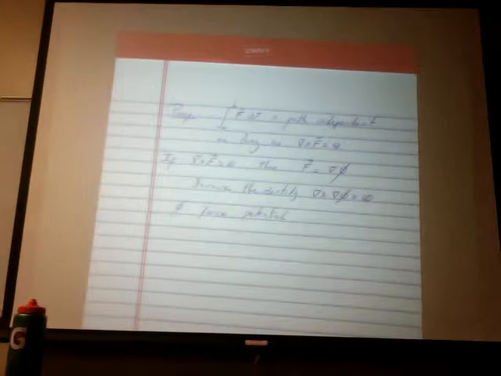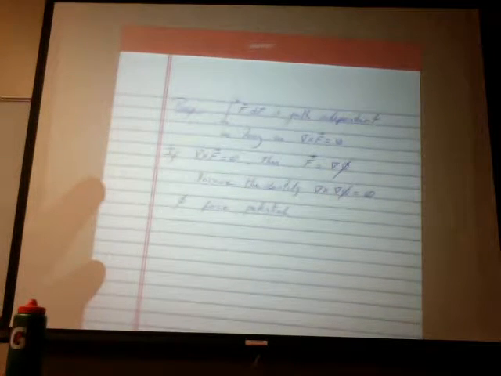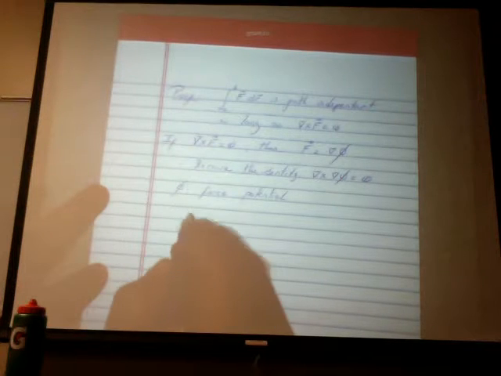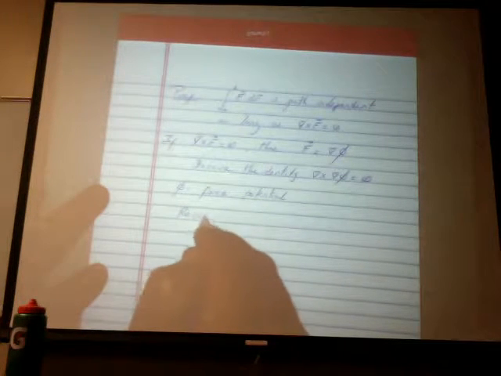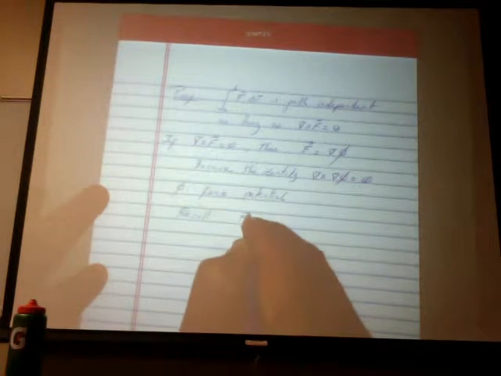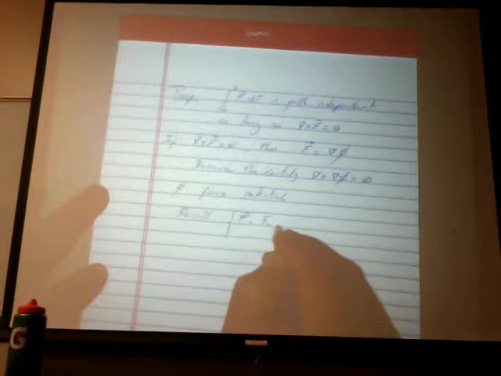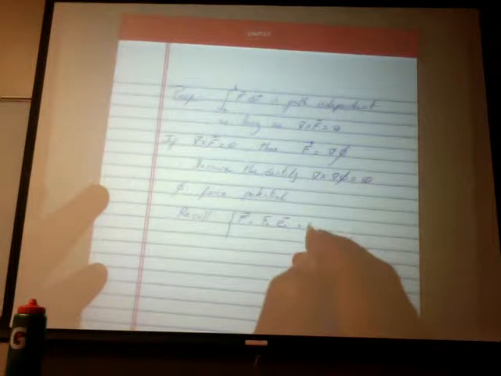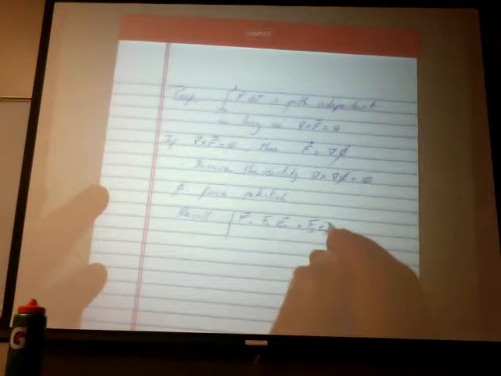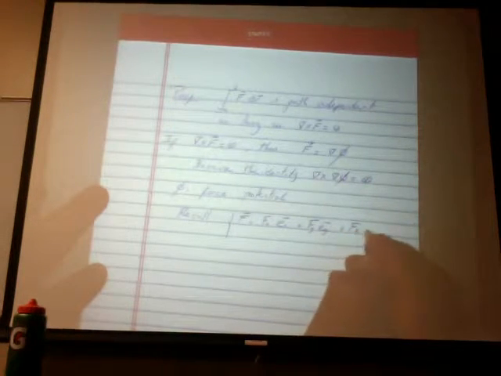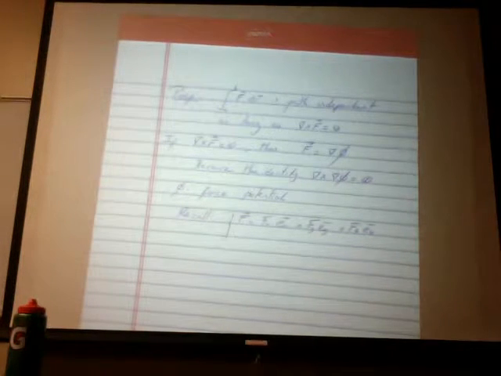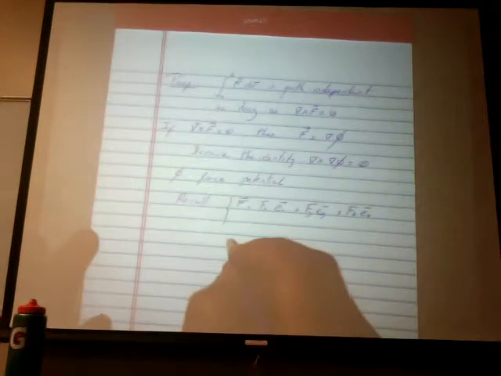All right. So recall that F is equal to Fx in the x direction plus Fy in the y direction plus Fz in the z direction. Each of those components, Fx, Fy, and Fz, could be functions of space.